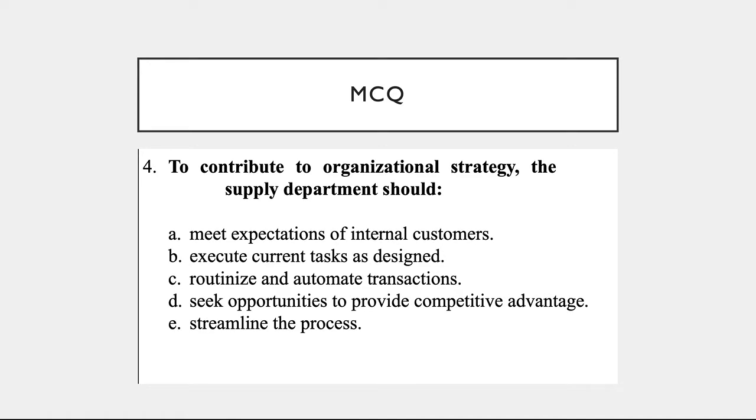Of course, here the answer is D, seek opportunities to provide competitive advantage. And as we know, the mission, vision, and strategy of the organization are the key drivers for how the supply function will be managed.